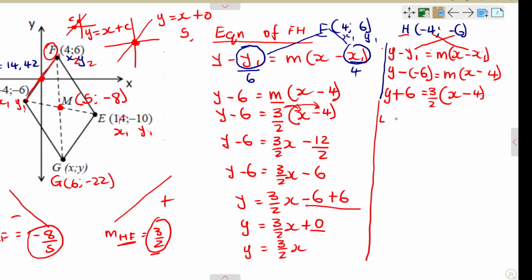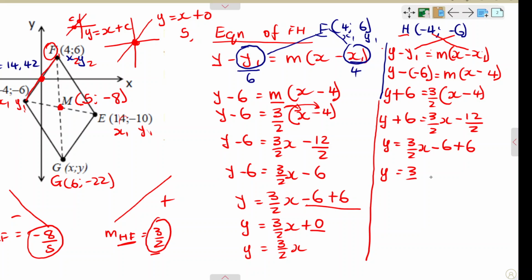Then let's multiply it by this gradient. 3 over 2 times x, that is 3 over 2x. 3 over 2 times the negative 4, that's going to be negative 12 over 2. y equals 3 over 2x. Now, what is negative 12 divided by 2? That's negative 6. We take the 6 that is on the left to the right. It's going to be positive 6. Oh yeah, this is what my mind was thinking about.